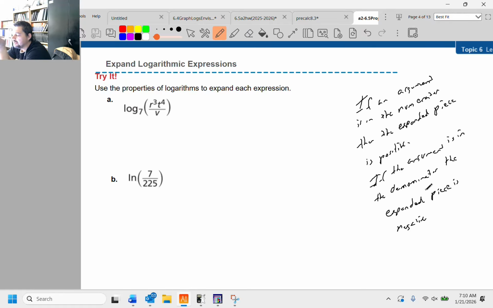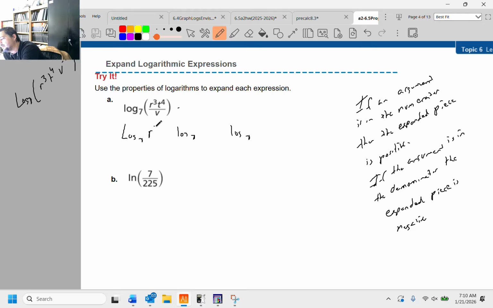You could even prove, like on this one, you could rewrite it as log base 7 of r cubed t to the fourth v to the negative first. Maybe that would help you understand why it's negative, because that negative one is going to get shifted to the front of the bus, and that's going to make it negative. So that's kind of why you get that. Anyways, there's 1, 2, 3 pieces of this logarithm, so I'm going to have 3 log base 7s.